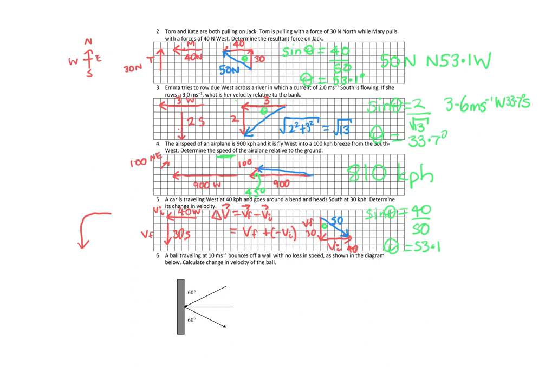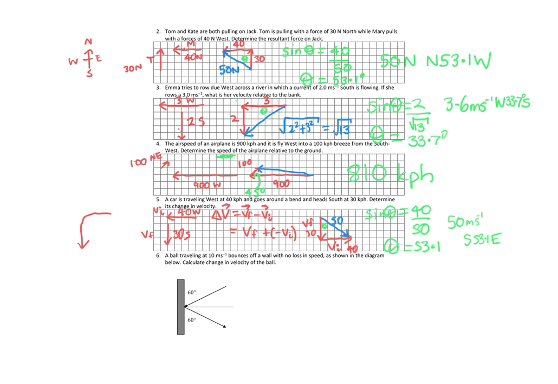So the total velocity there would be 50 metres per second at an angle of, what did I say, south 53.1 degrees east. Going back to our scale that we had up here. Hoping that makes sense.